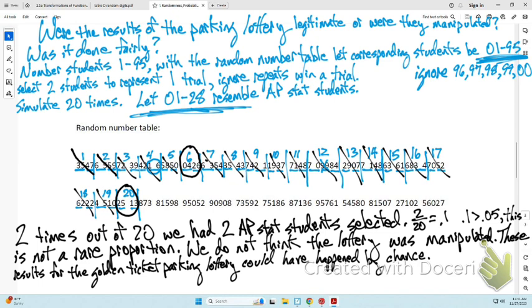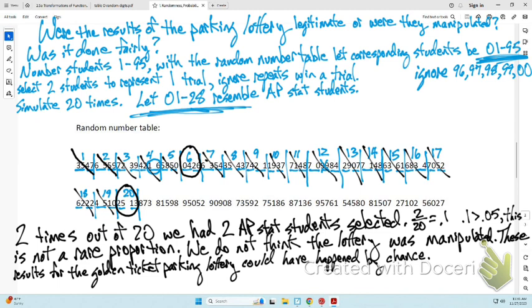So, like, if I had gotten, we would have had a tough decision to make if we had gotten 1 out of the 20, because that's right on the decision point. In that case, I would just bump up the trials and keep doing it. And if you continue to not get any, and it's less than 5%, then I would say, yes, you suspect the lottery was manipulated. It was not done fairly.